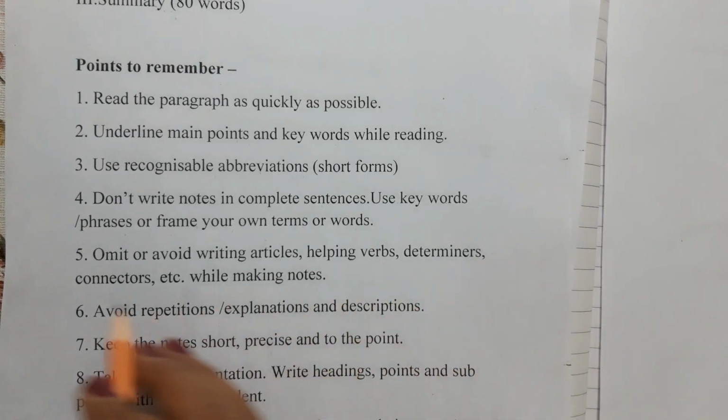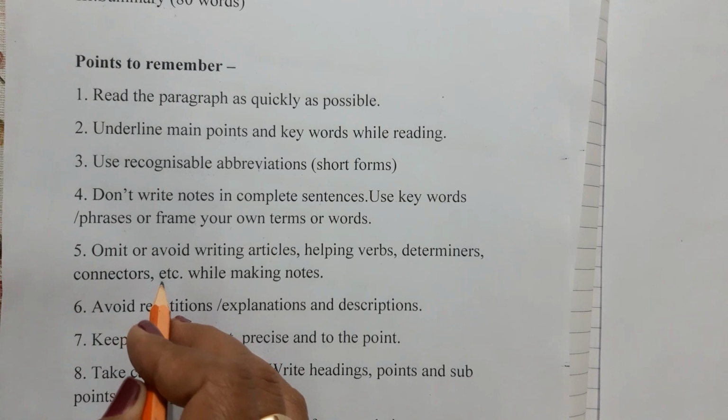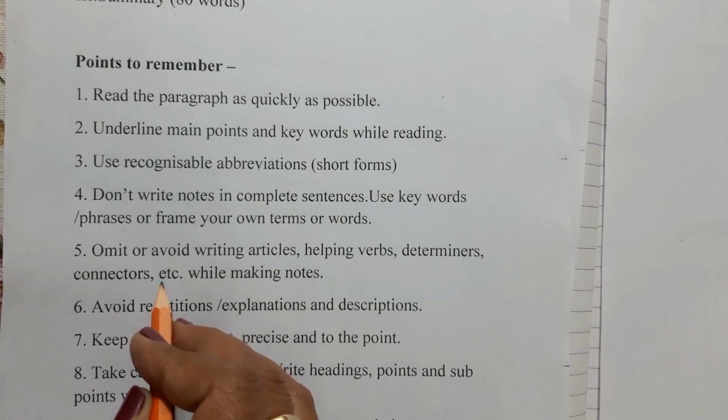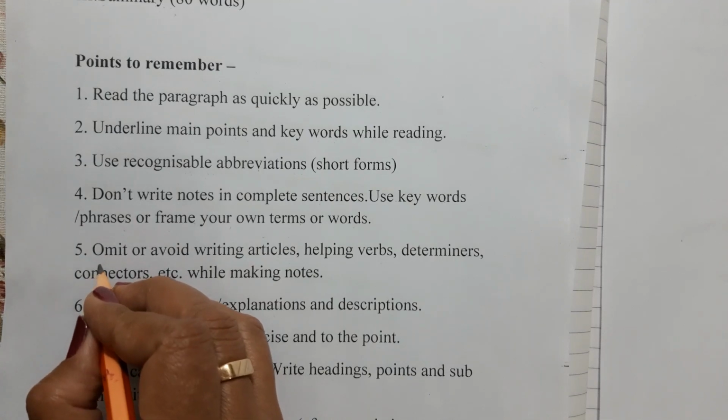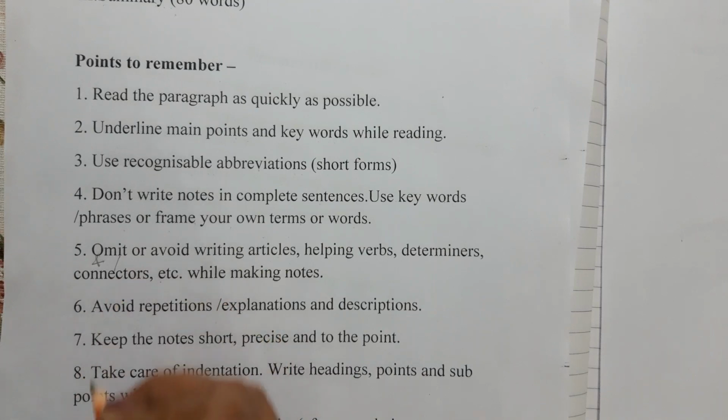Such kind of words we can avoid. Connectors also we can avoid if they are not mandatory, if they are not important to say your thing, and can be written as symbol and or as slash.